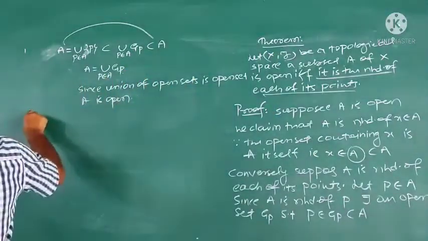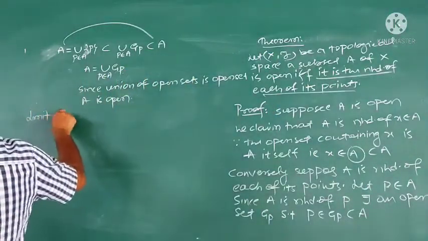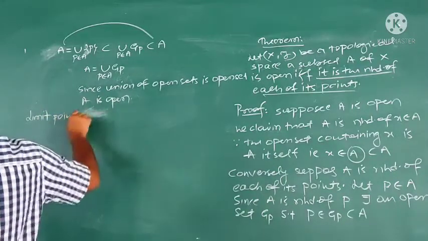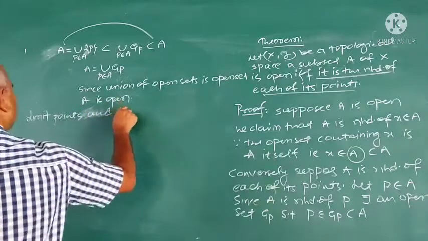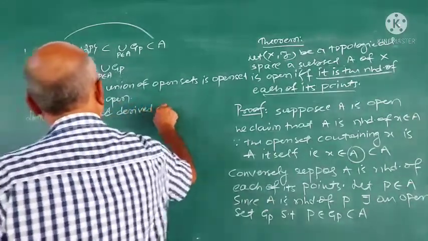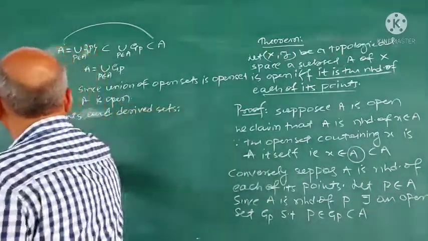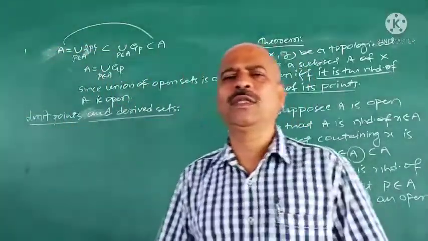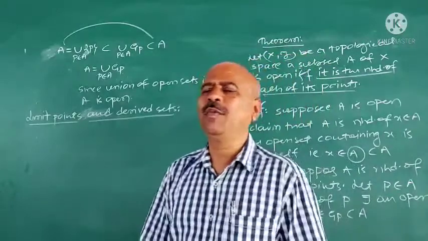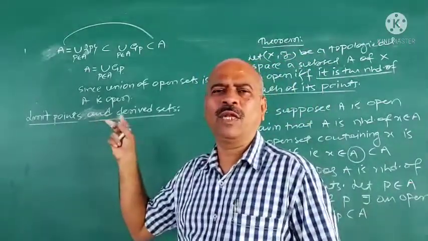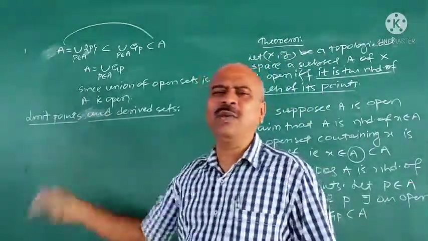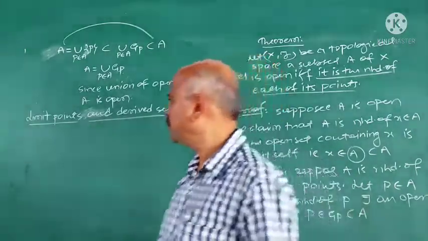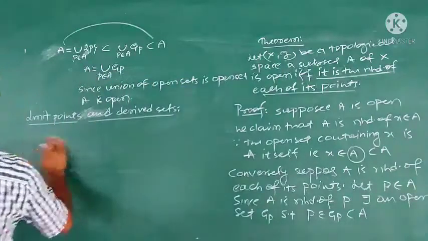Next is the limit point of a set. Limit points and derived sets. I think the definition of a neighborhood of a point is clear to all of you. We may use that one later again. Next definition, limit point. What is a limit point of a set?